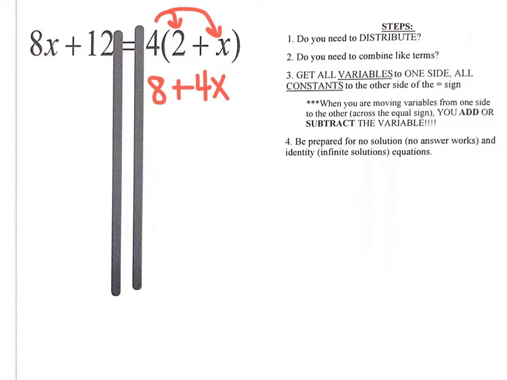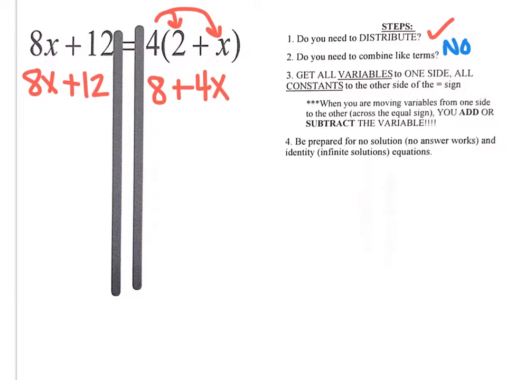Since we didn't have to do anything on our left-hand side, I'm just going to rewrite that. Okay, so we distributed. Now, do we need to combine like terms? Looking at the left side, we can combine 8x and 12, and looking at the right side, we can't combine 8 and a 4x. So no, we don't have to.